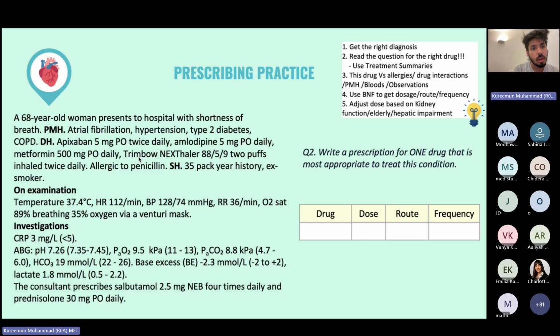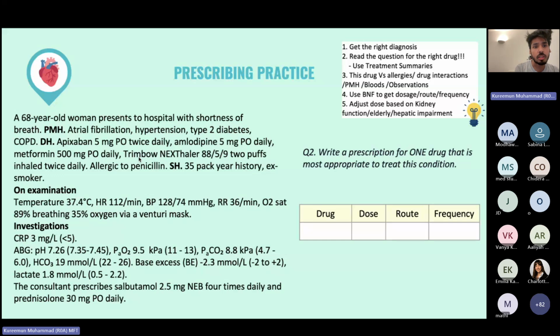When you look at her ABG, you see that she's acidotic, she's got a low PO2, a high PCO2. So in your mind, you're thinking type 2 respiratory failure. Her bicarb is on the lower end, so there's no metabolic compensation. So she's having an acute exacerbation of COPD with type 2 diabetes. No, sorry, with type 2 respiratory failure.